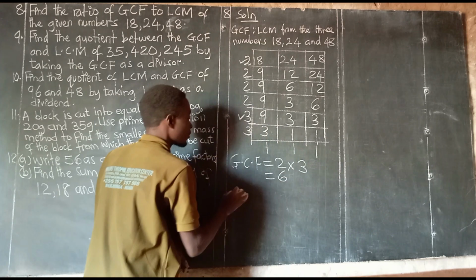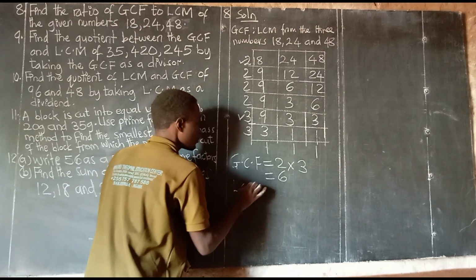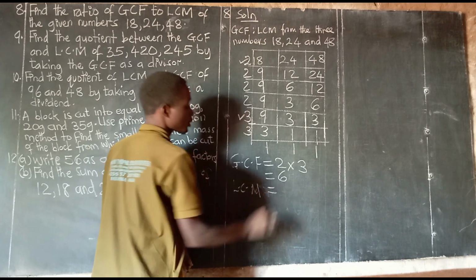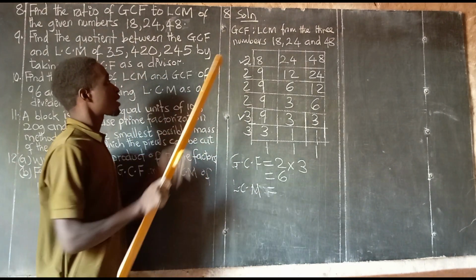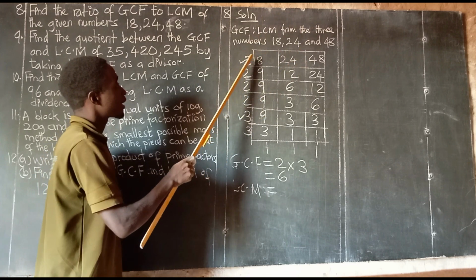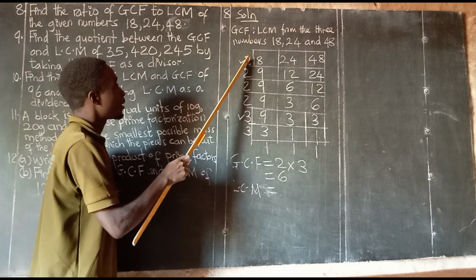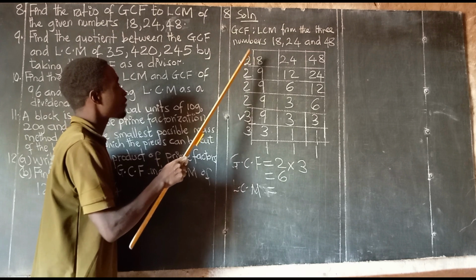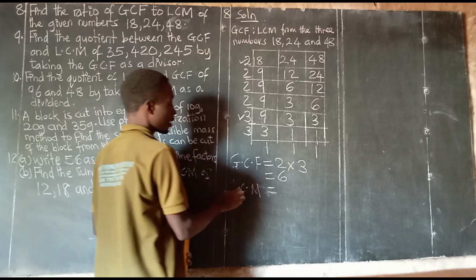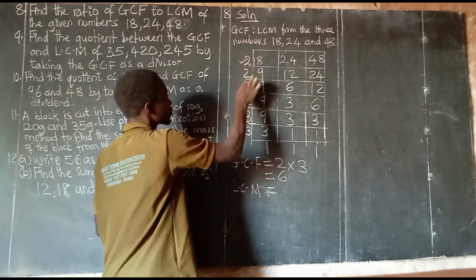What about the LCM? I have told you that in case of LCM, we take the product of all the prime factors which have divided these numbers, regardless of whether each particular prime factor has divided all of the 3 numbers. Now the LCM will be equal to 2 times 2 times 2 times 2 times 3 times 3.